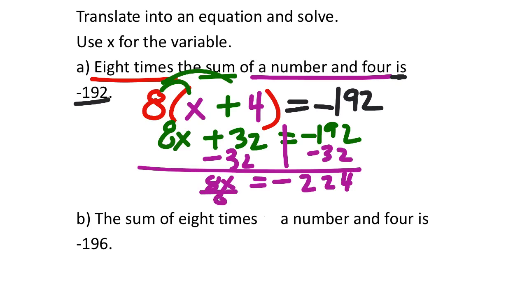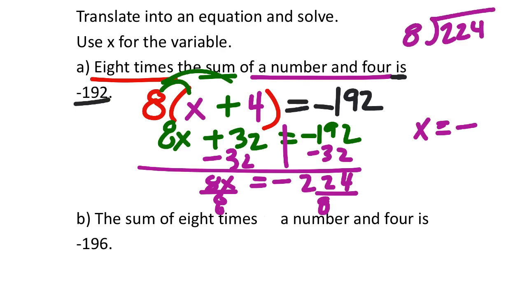And then we'll divide both sides by 8. So now we'll say x equals, I know it's negative, and then 224 divided by 8. 8 goes into 22, that's 2 times. So there's a 16, and then 64, that's 8 right there. So that's a negative 28. That's a 0 remaining on that one. But yeah, the number on this one is negative 28.